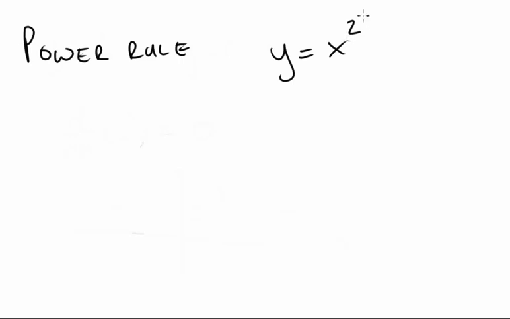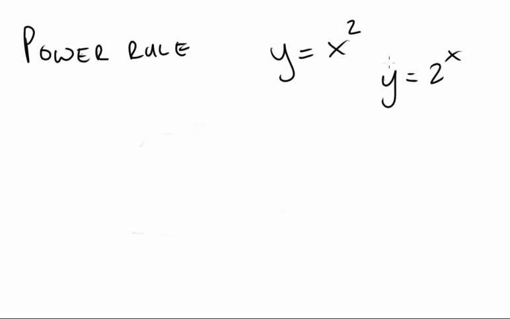The base is the variable and the exponent is a number. It's very important to make sure you understand the difference, because I see a lot of mistakes where people use this power rule for functions like that. These are different.